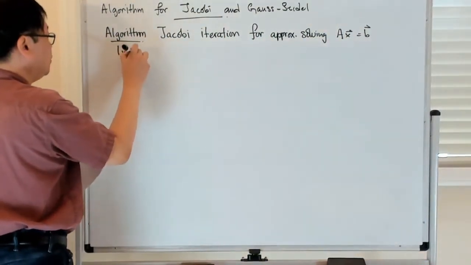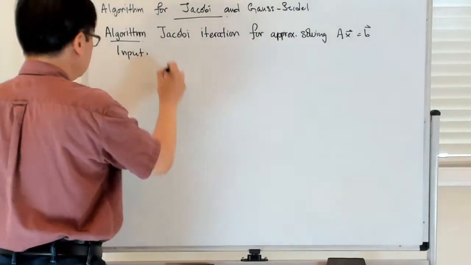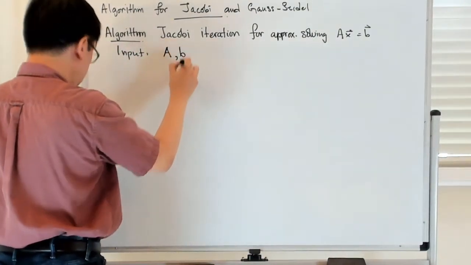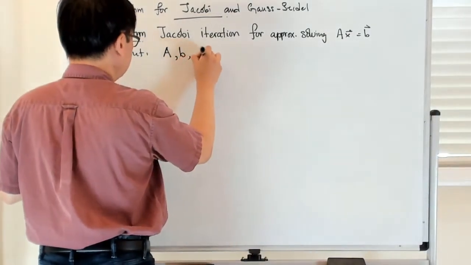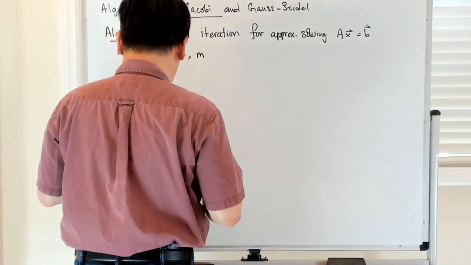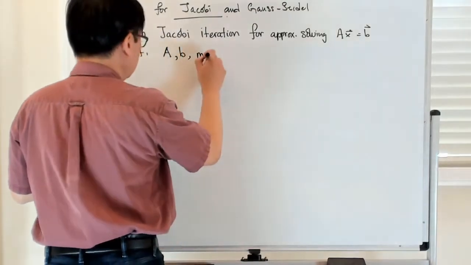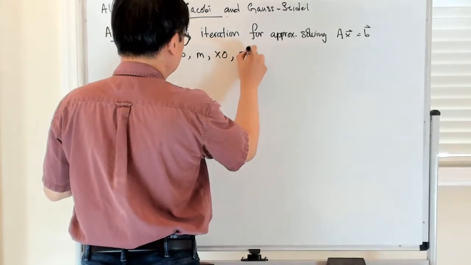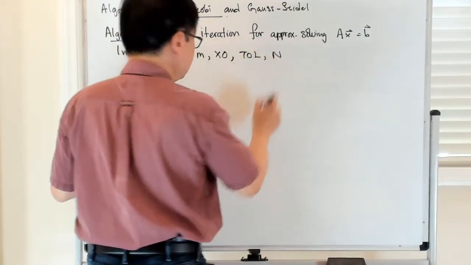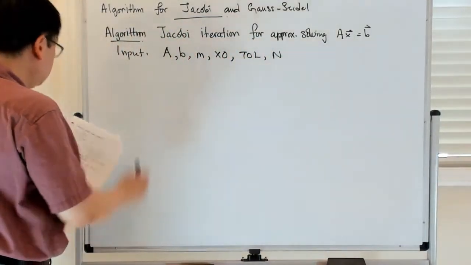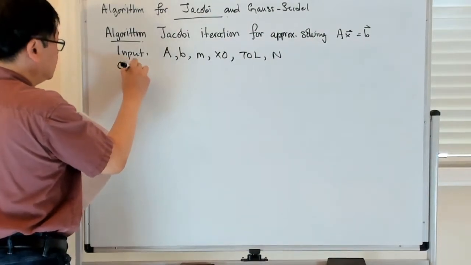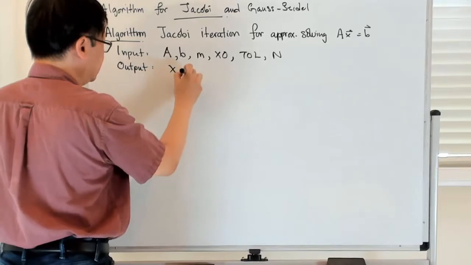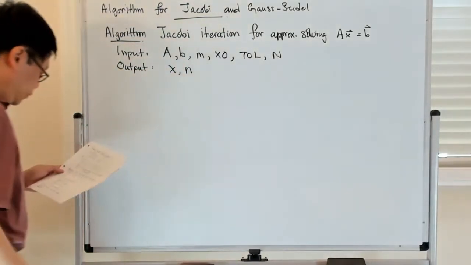It has the following input: the A matrix, the right-hand side b, M is the size of the matrix, X0 is the initial iterate, there's a tolerance, and then N is the maximum number of iterations. And the output is X, which is my solution, and n is the number of iterations I took.